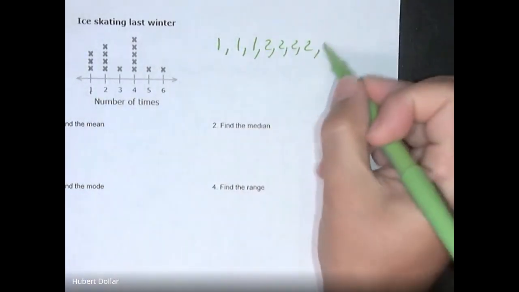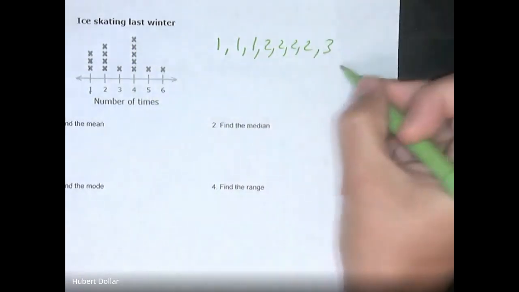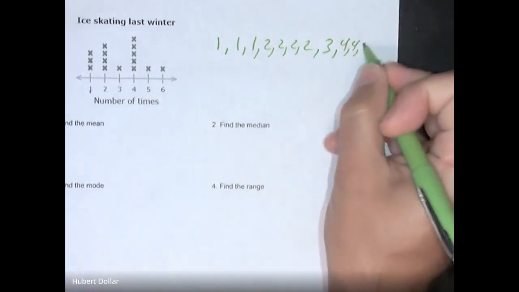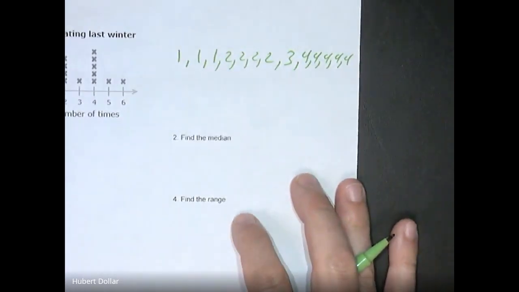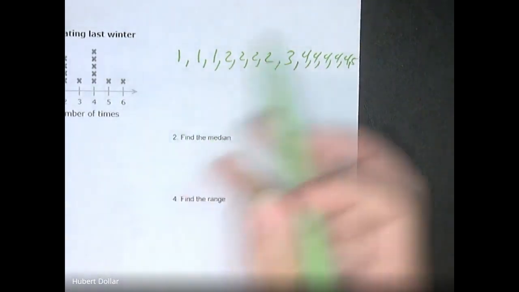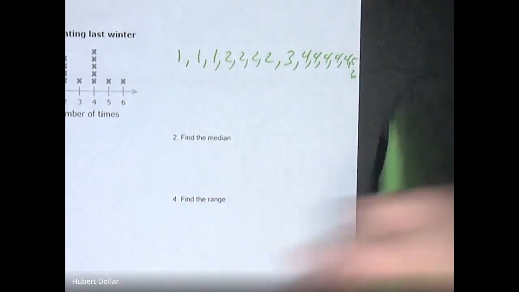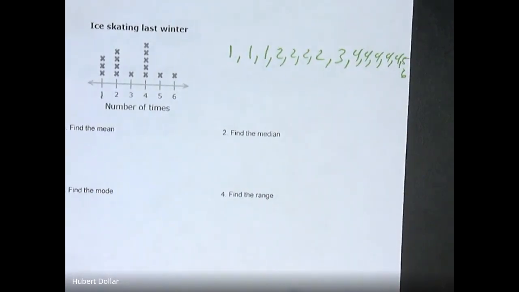The 3 happened once. The 4 happened 1, 2, 3, 4, 5 times. And then the 5 happened 1 time. Oh, and the 6 happened twice. So there it is.